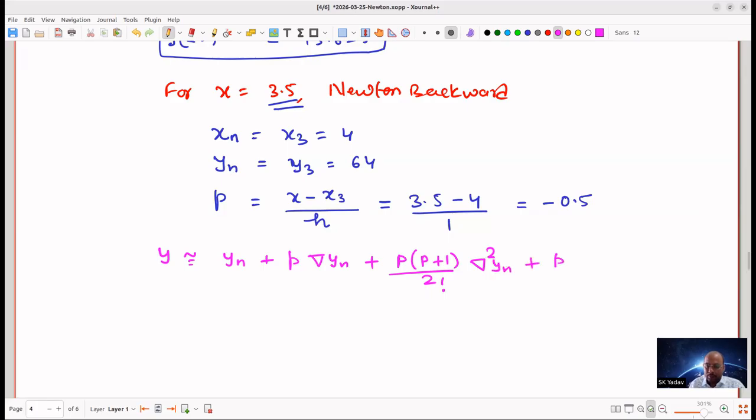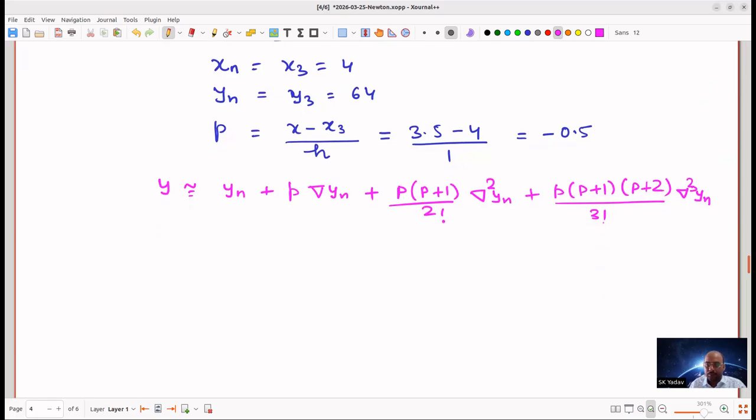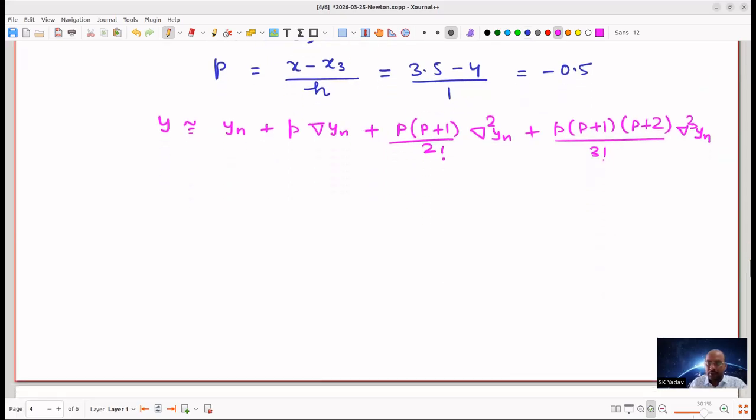In the previous formula it was p minus 1, here it is p plus 1. And plus p into p plus 1 and p plus 2 divided by 3 factorial and the third backward difference. Because we have differences till 3, we are writing the formula till the third difference.